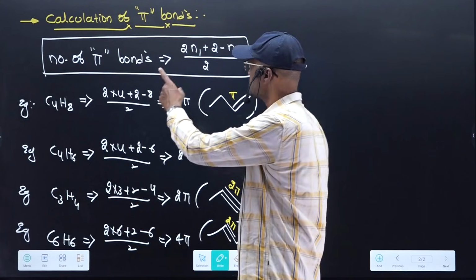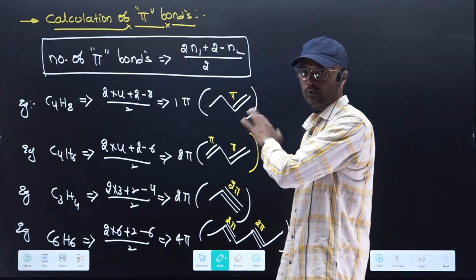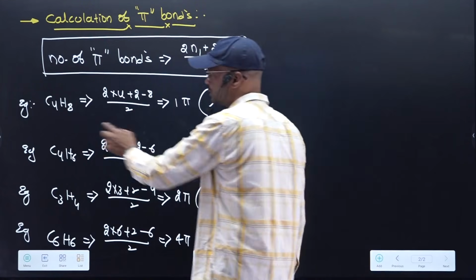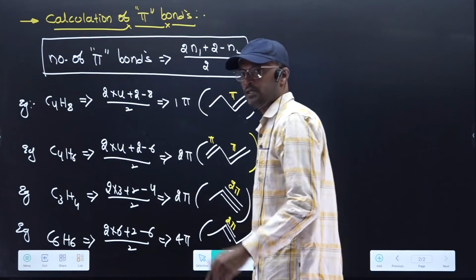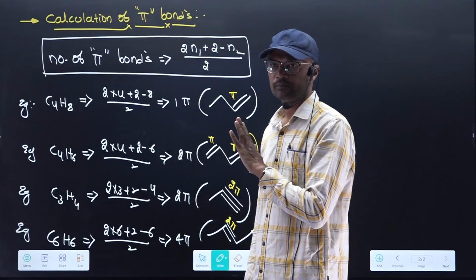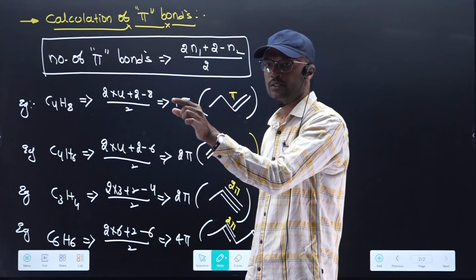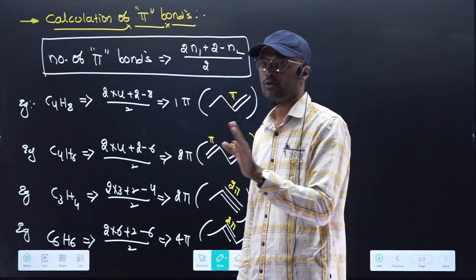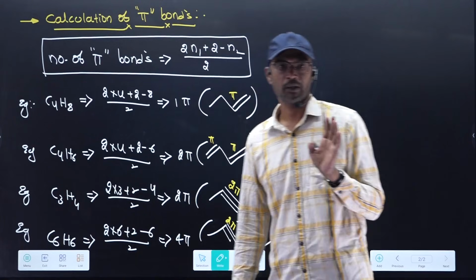You apply this formula and say, sir, you can create maximum 1 pi bond, 2 pi bonds, 4 pi bonds, it completely depends on this formula. Same, if chlorine, oxygen, nitrogen is there, apply the same formula. Simple. Every halogen is plus 1 hydrogen. Every nitrogen minus 1 hydrogen. Every oxygen, ignore it. Simple.